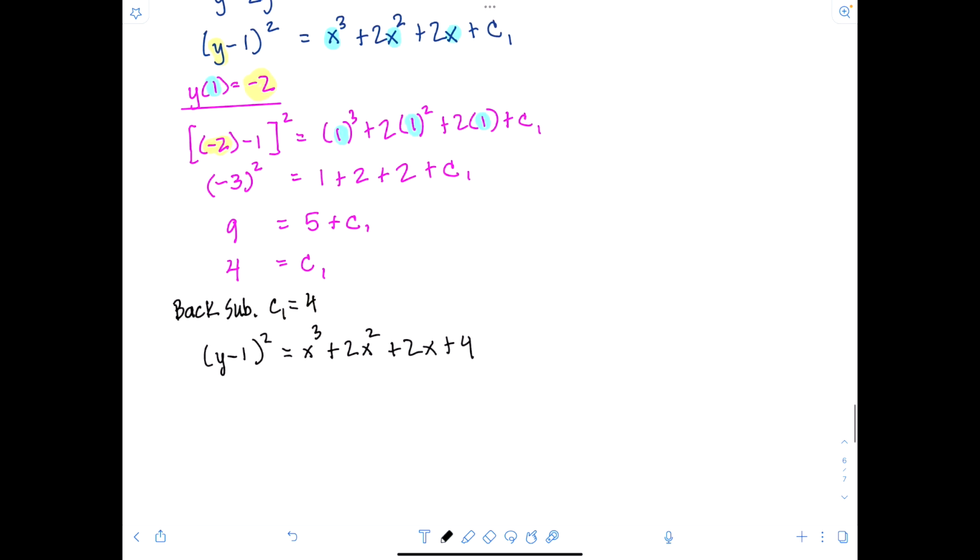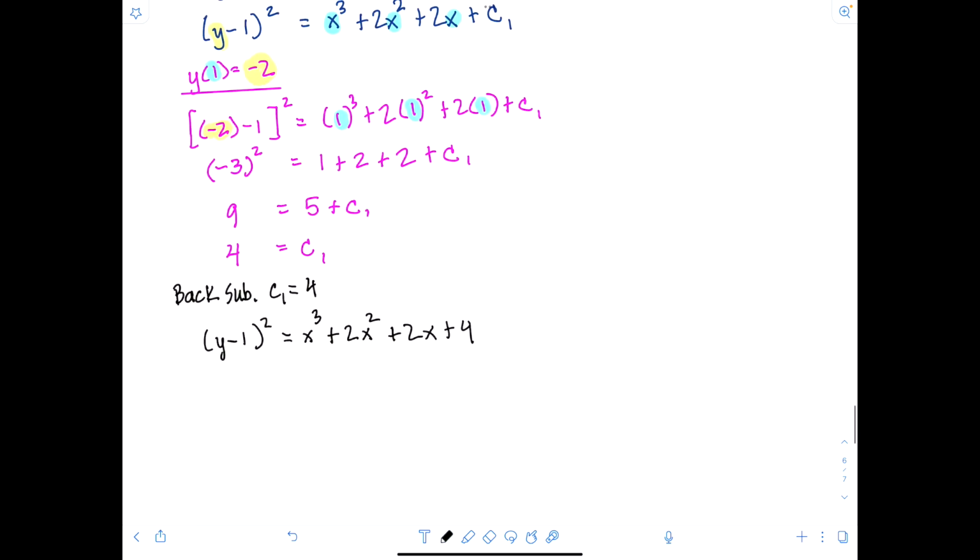All right? So y minus 1 is going to be the negative square root of x cubed plus 2x squared plus 2x plus 4.